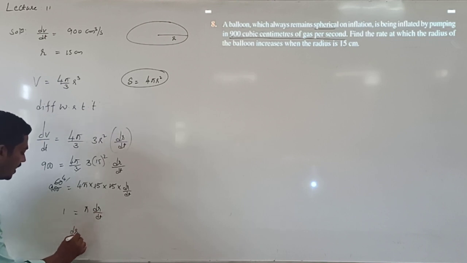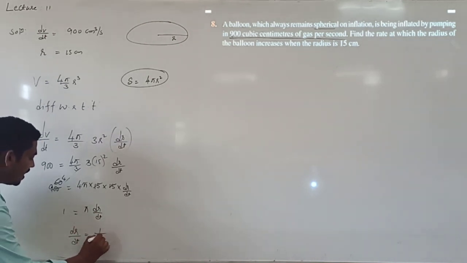Then dr by dt is equal to 1 divided by pi.